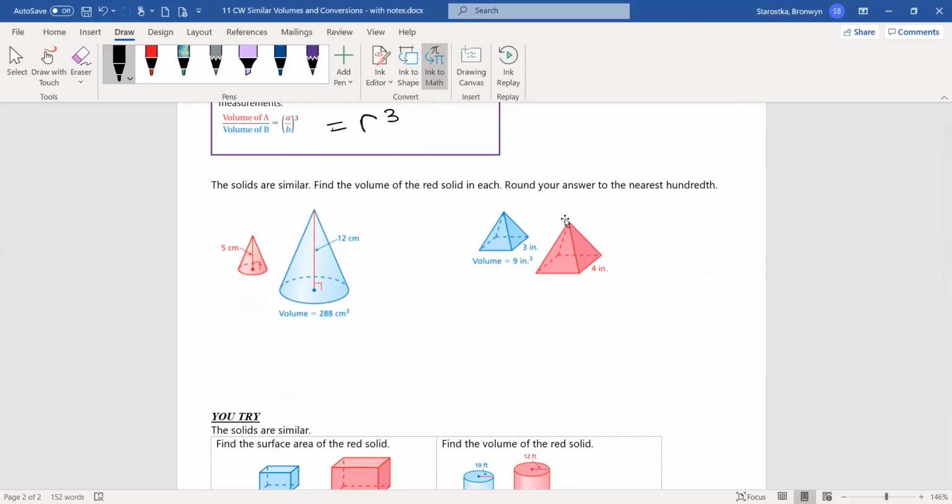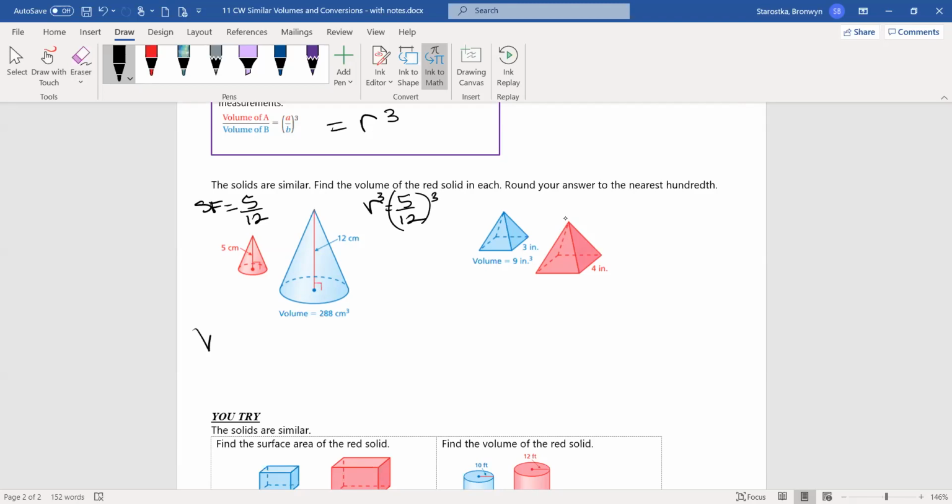All right, so our scale factor here is 5/12. And remember, that's what R equals. R is 5/12. We want R cubed. So R cubed is just 5/12 cubed.